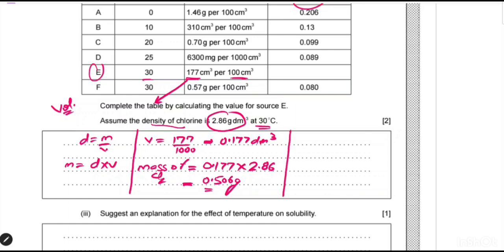Now after that I have to find out the moles of chlorine. Moles of chlorine is the mass divided by the molar mass. Mass is 0.506, divided by the molar mass of chlorine, which is 70.9.